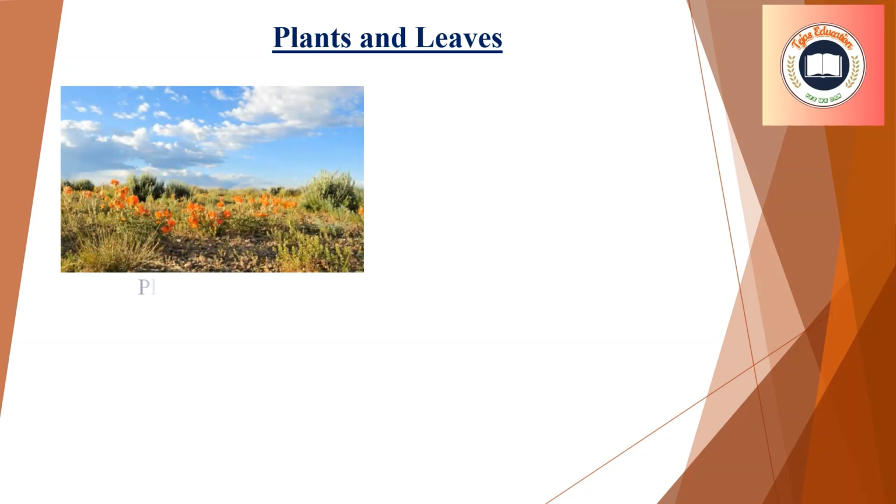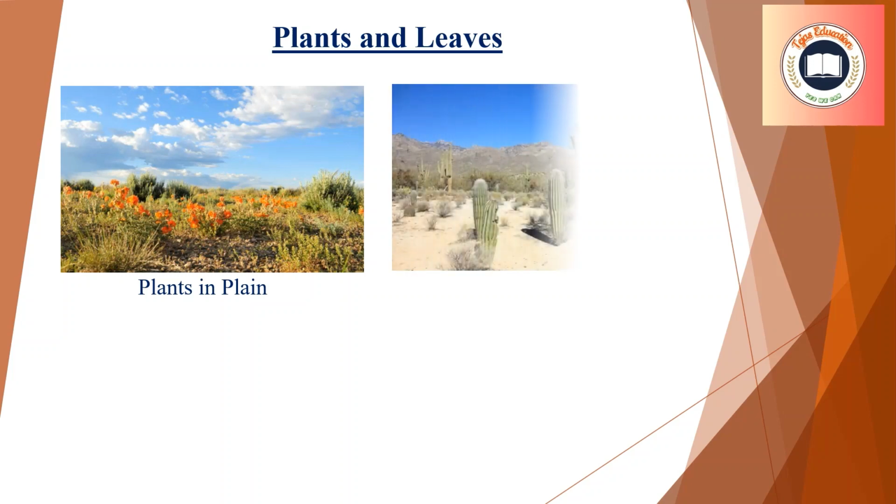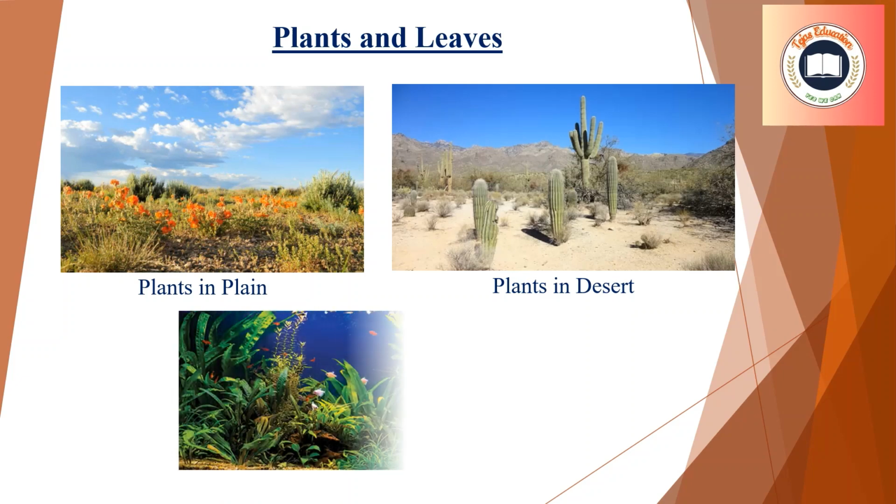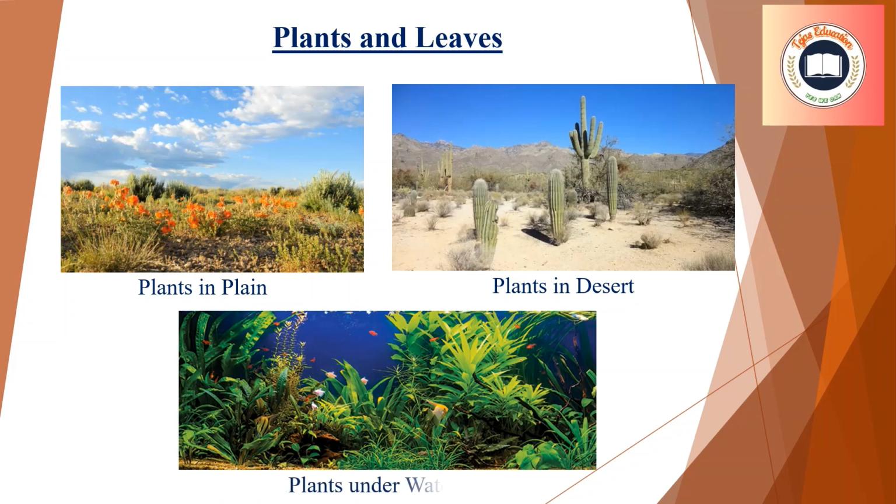Our nature has gifted us with beautiful and lush green plants which are all around us. You can see them growing in plains, in the hot sand of desert, or even floating underwater. Sometimes plants are big and sometimes they are very small in size, while the others are weak and require support like the creepers.